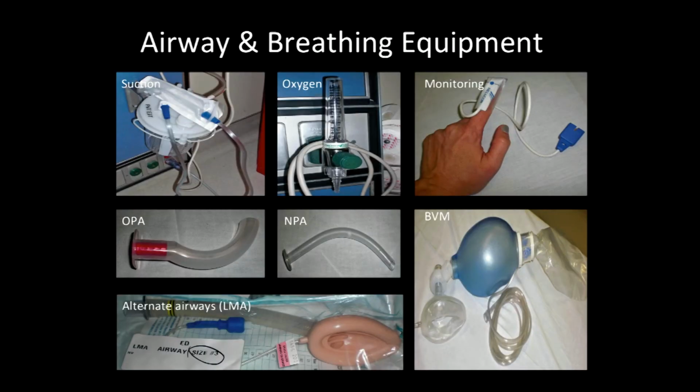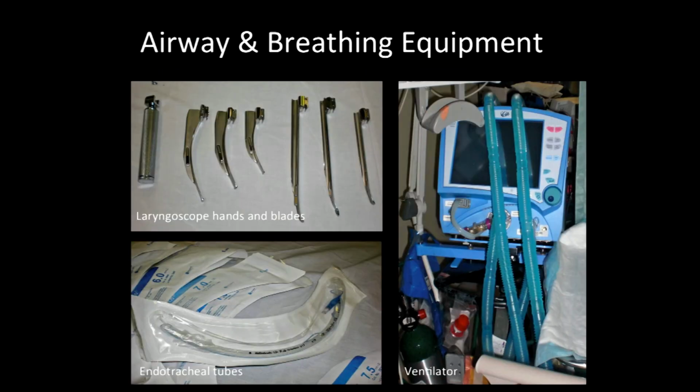Let's review some of the equipment we decided we would want. For breathing and circulation, we would want oxygen, we would want suction equipment, monitoring, we would want oropharyngeal and nasopharyngeal airways, we would want nasal cannulas, bag valve masks, and we would want alternate airways like LMAs available if we had them.